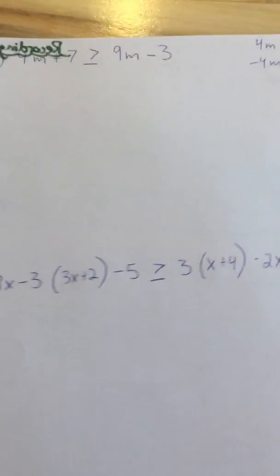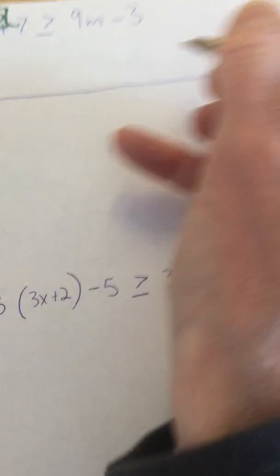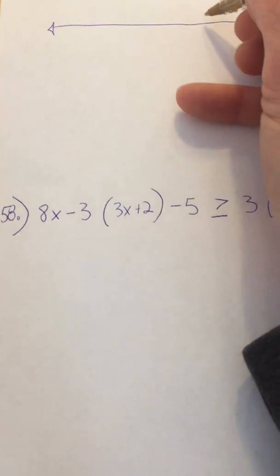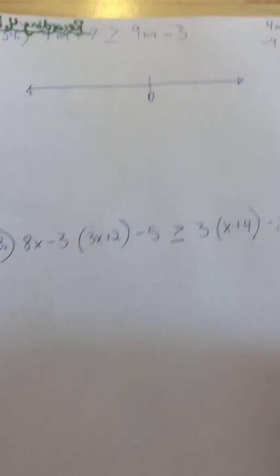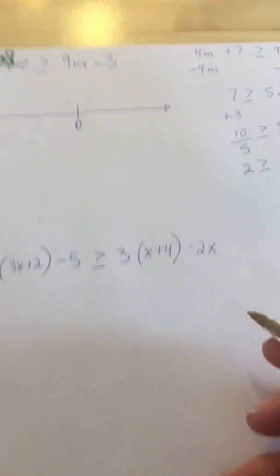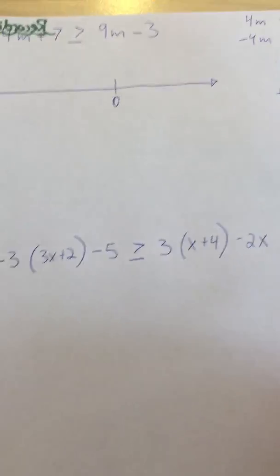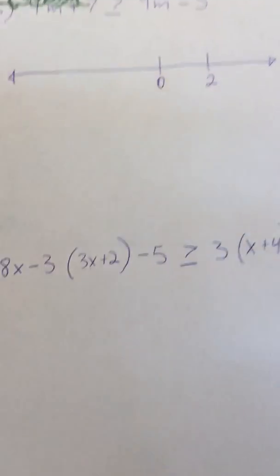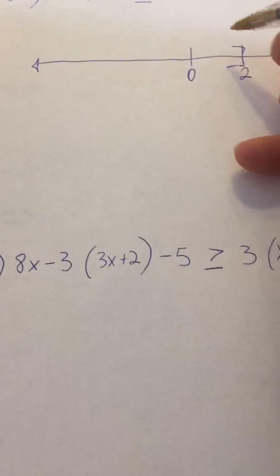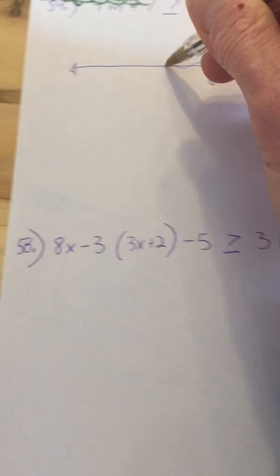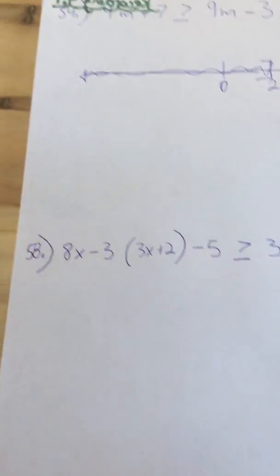Basically what's going to happen is I'm going to make my number line over here, and here is my 0, and 2 is going to be greater than or equal to m. So here's my 2. 2 is going to be greater than it or equal to, so I'll put my bracket and I'll go this way. It can be anything along here.